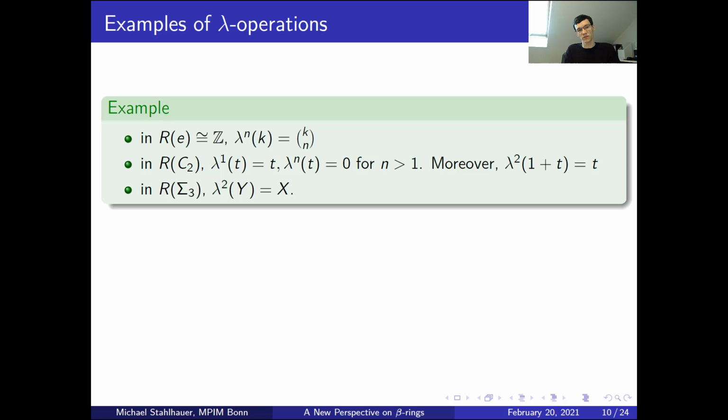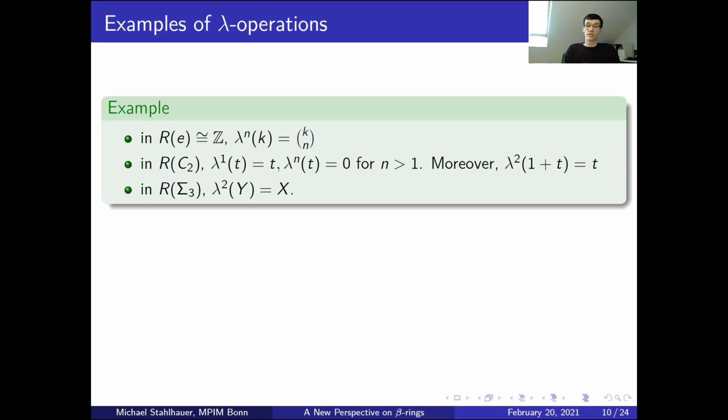That's the same argument as in the first case, and lambda 1 is always the identity, because the first alternating power is just the representation you started with. So that's very easy. But we can also consider, for example, 1 plus the sign representation, and here we can calculate lambda 2, and that's again the sign representation.